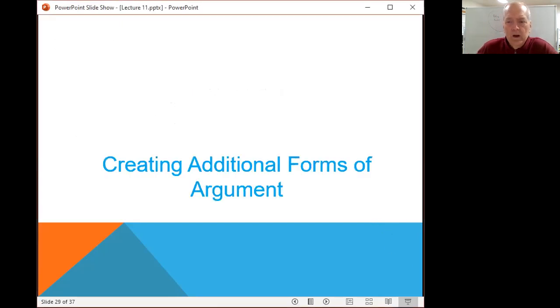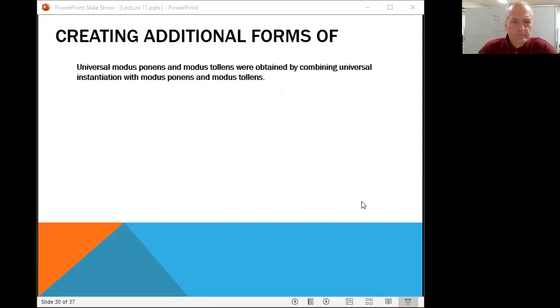Now we can extend the concept to additional forms of argument. And so we've looked at modus ponens and modus tollens. And in the same way, additional forms of argument involving universally quantified statements can be obtained by combining this idea of universal instantiation with other of the valid argument forms that we've discussed in the past few weeks.